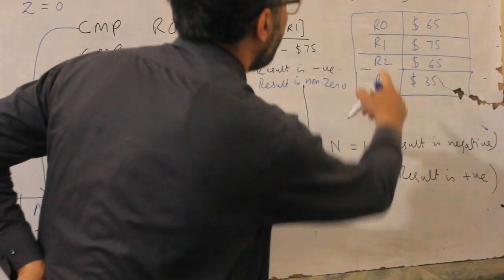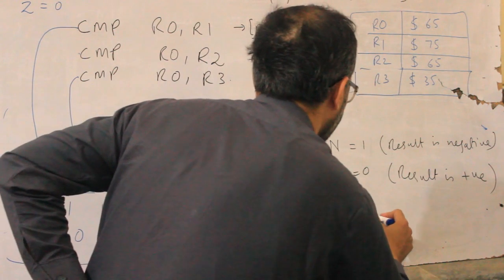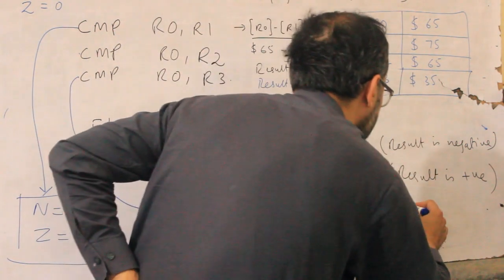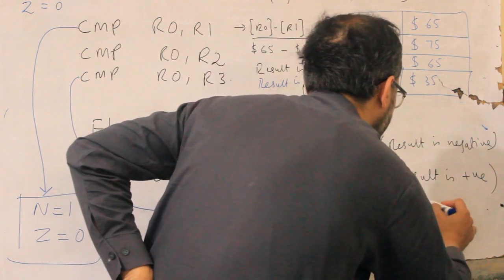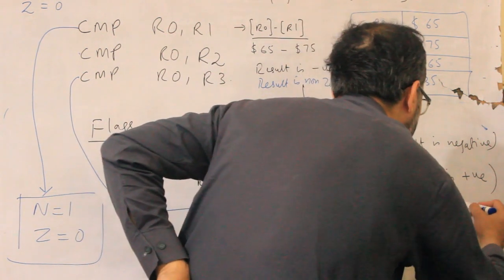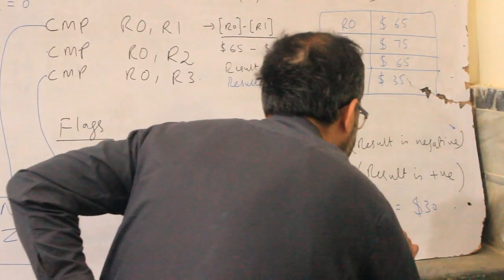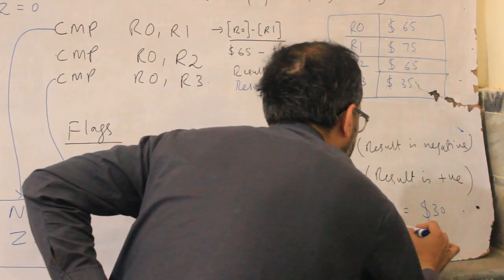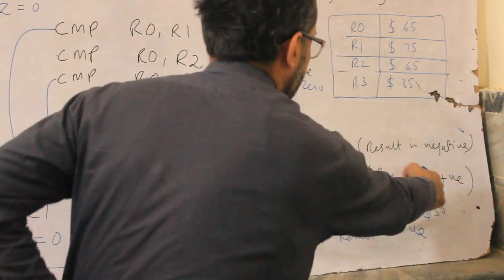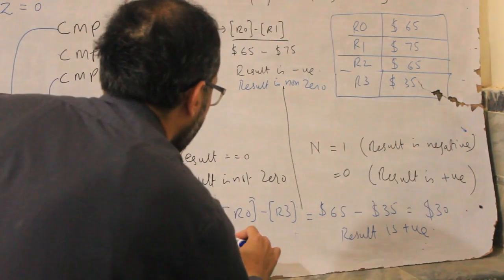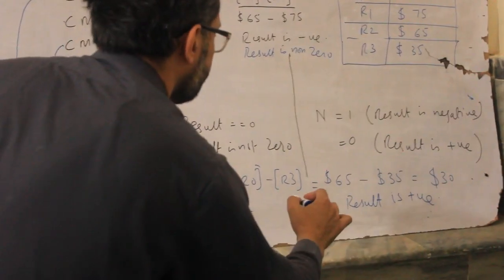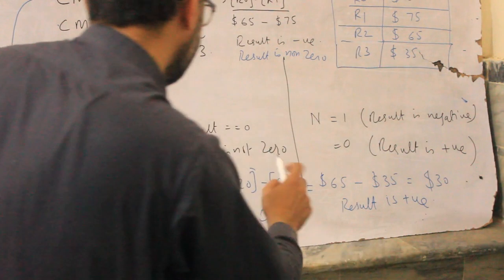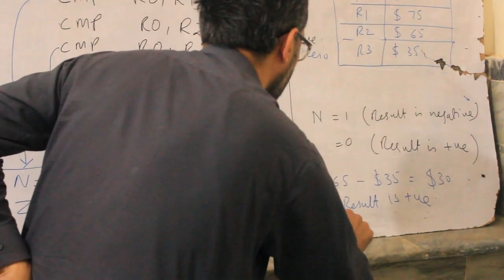The contents of R0 is 65 minus the contents of R3, which is 35. So the result in hexadecimal will be 30. It means that the result is positive. When the result is positive, the N flag will be 0. And because the result is not 0, the Z flag will also be 0.